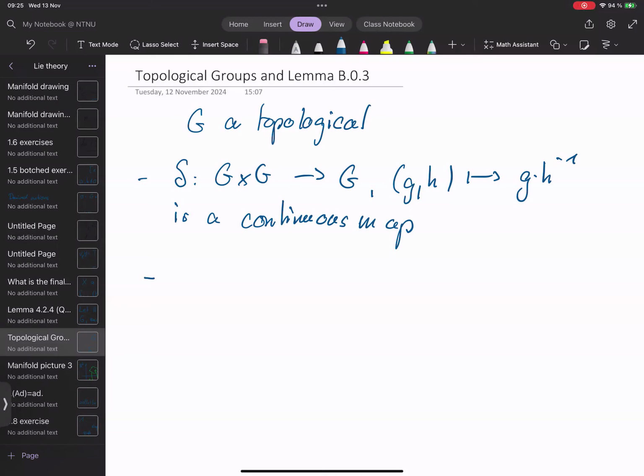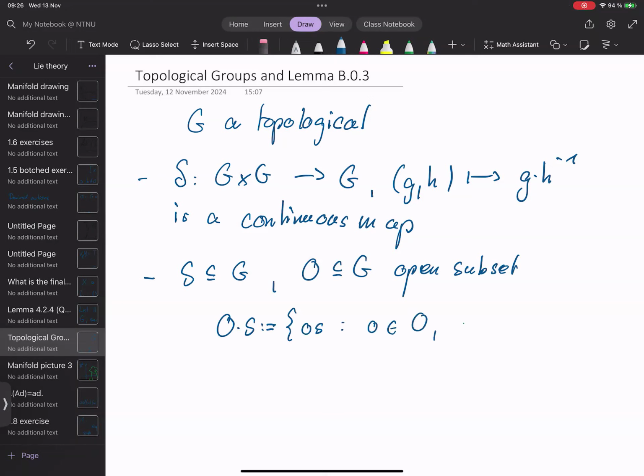But before we go to the statement we actually want, I want to remind you, if you have any subset S of G and O an open subset of G, then we have the two sets O times S. We're using the set notation here. This basically means that those are all the products where o is in O and s is in S. And we can also take the product the other way around, where the order of the products is reversed.